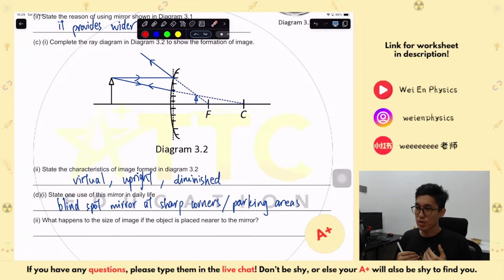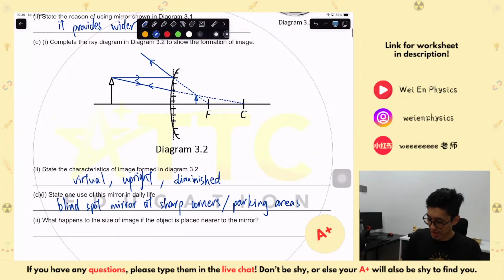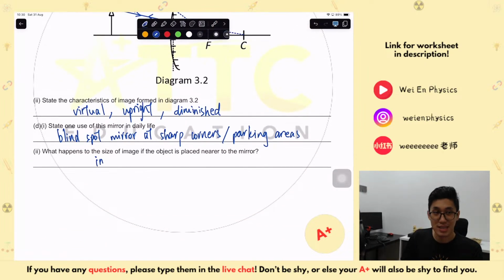As you walk closer to the mirror, the image of you will also get bigger and bigger and bigger. Correct or not? It doesn't matter what mirror you use actually, the closer you walk, the bigger you're going to get. So you can say the image size increases.